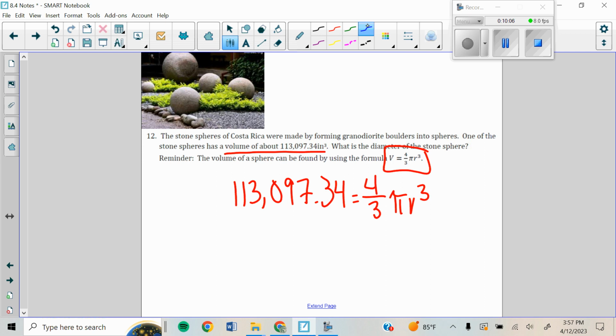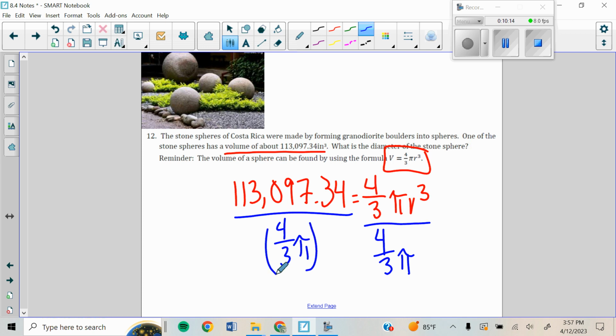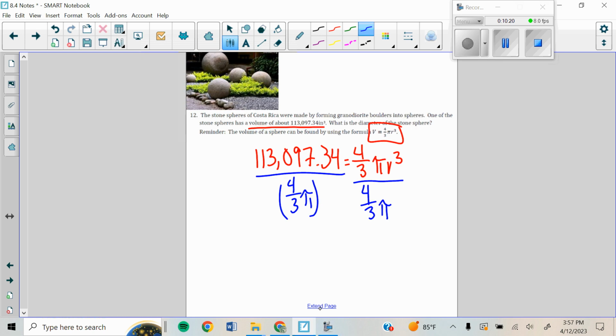All right, so the first step we did was take and divide by 4/3 pi. Again, don't forget to put that into parentheses when you type it into your calculator. So when you type that in, hopefully you got approximately 27,000, I think it's like 0.01 something.